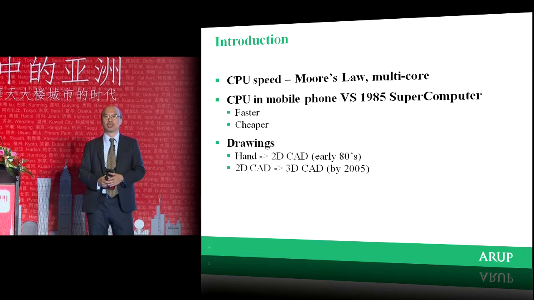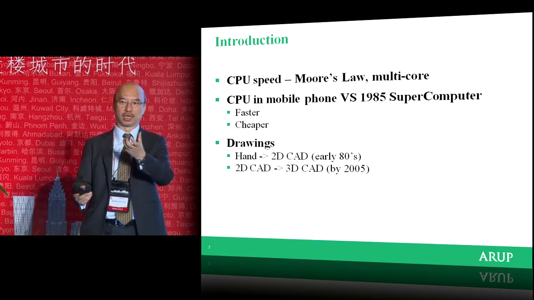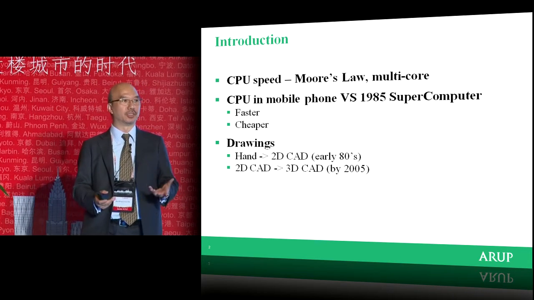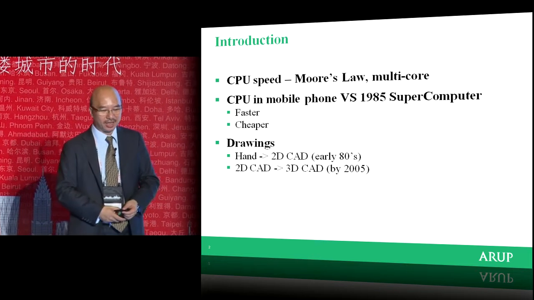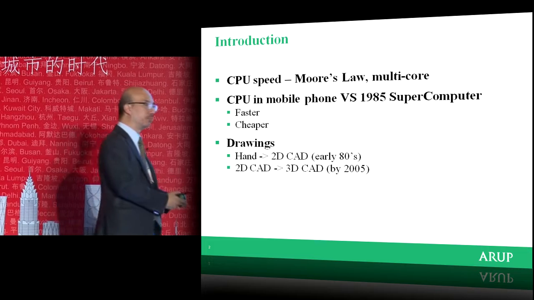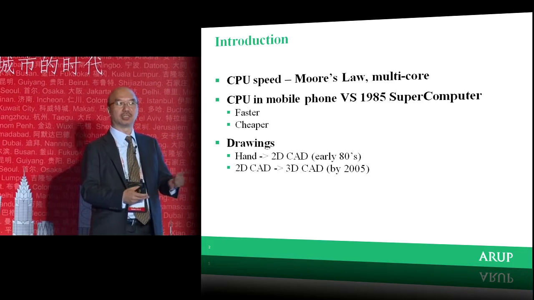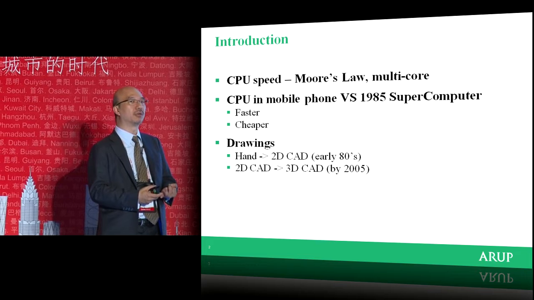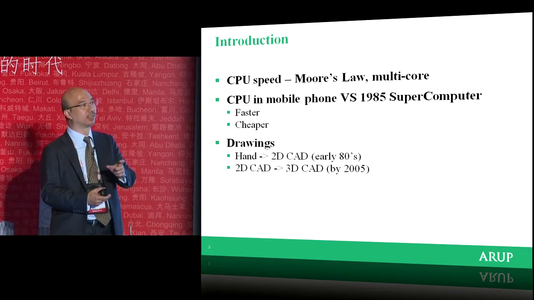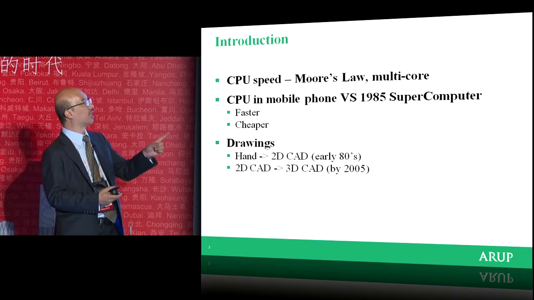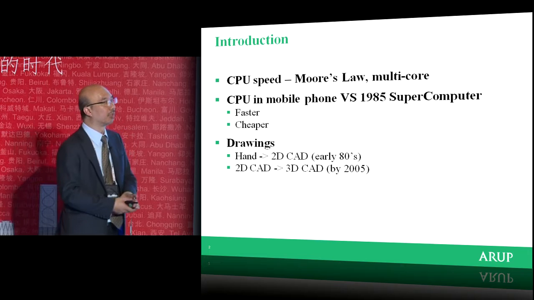And now, most of us are probably holding a smartphone. The CPU in a smartphone is very, very fast, much faster and cheaper than before. Recently a claim came out saying that the CPU in our iPhone is far faster than a 1985 supercomputer by Cray.